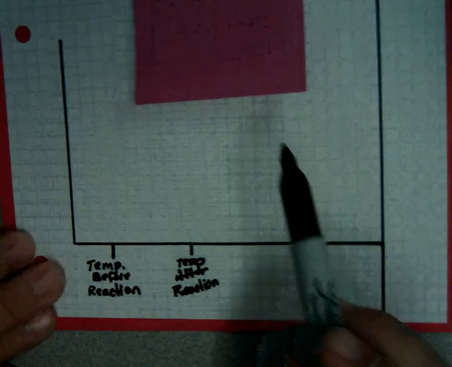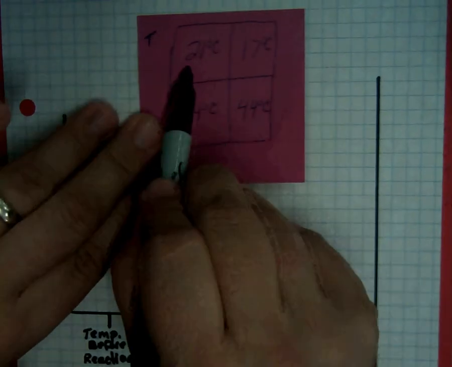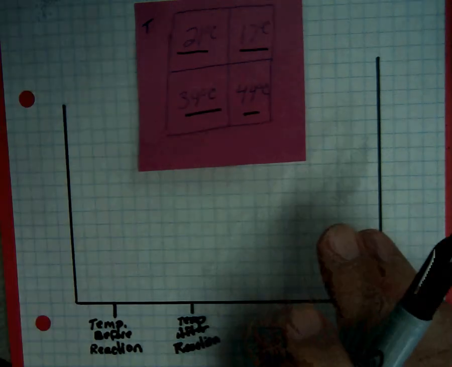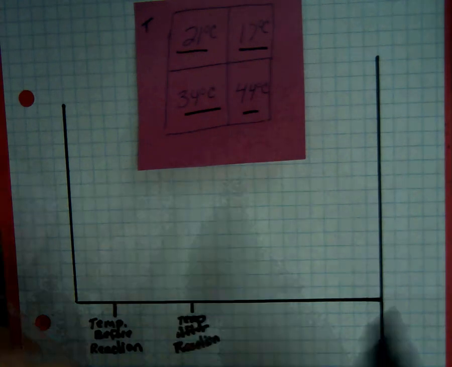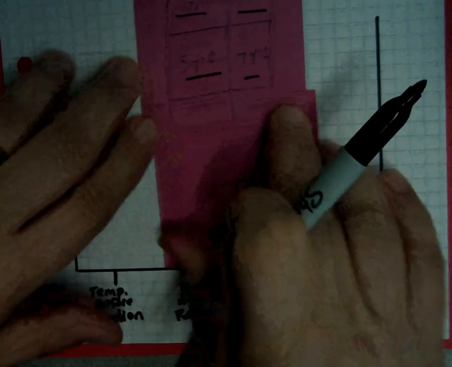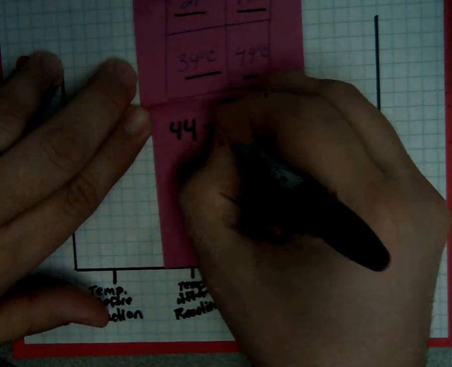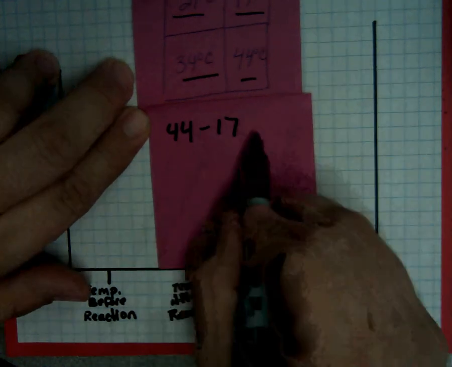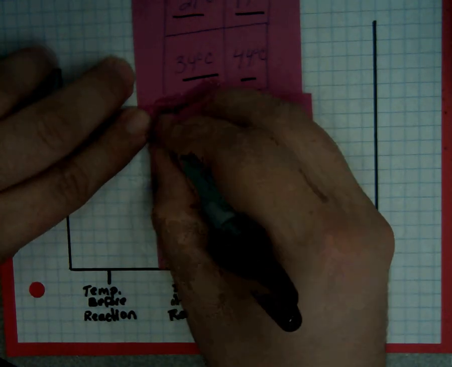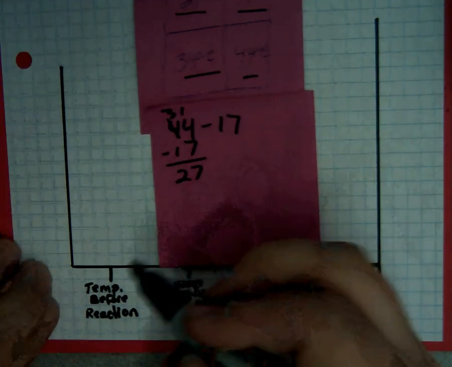So let's go ahead and look at my data and decide what my high and my low should be. If I look for my high and low temperature, it's a high of 44 and a low of 17. If I subtract these from each other, I'm going to get a difference of 27.